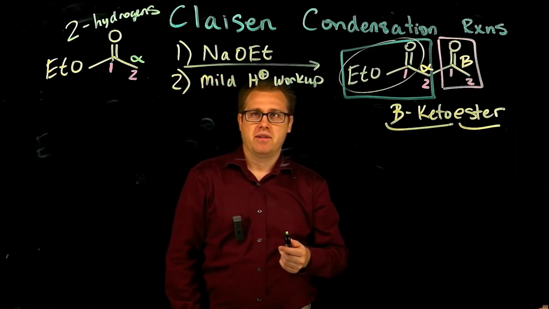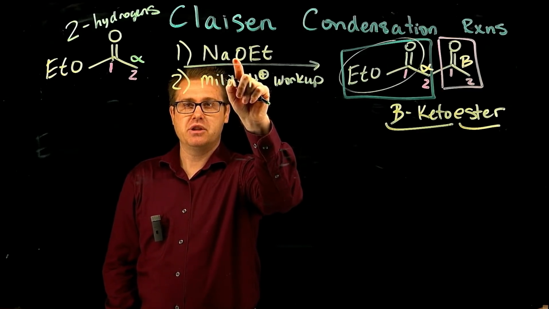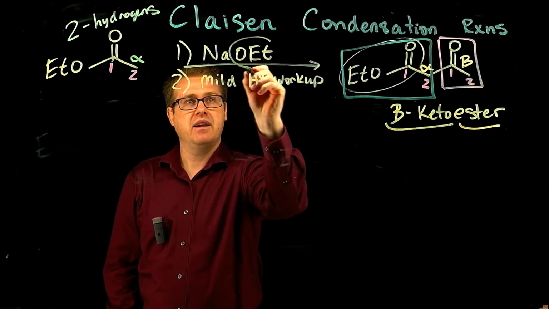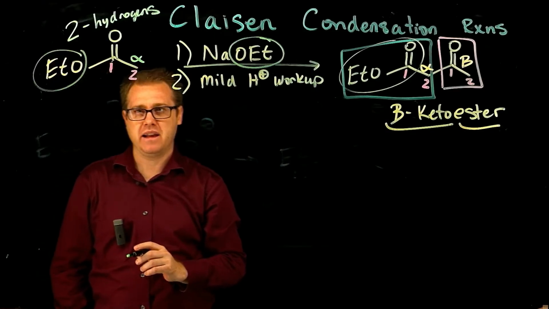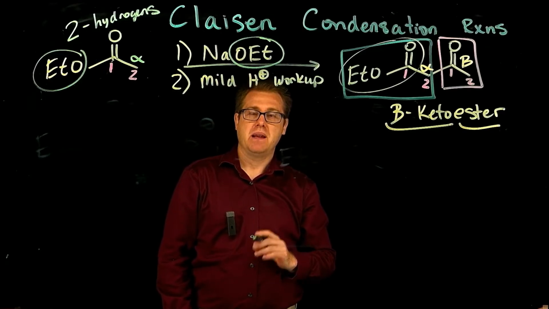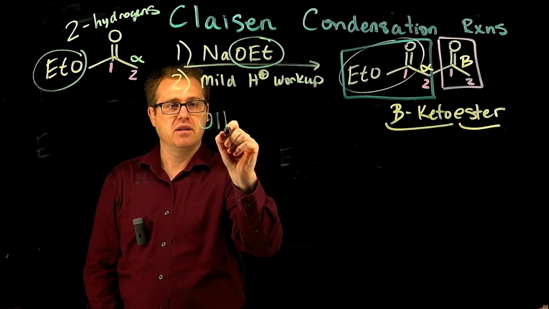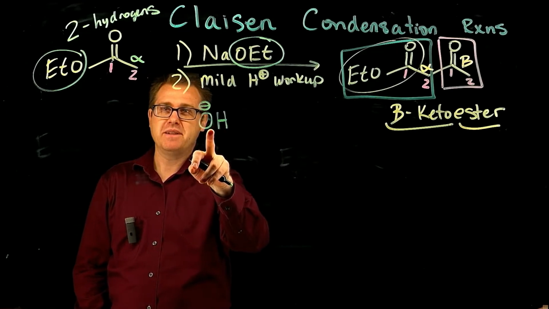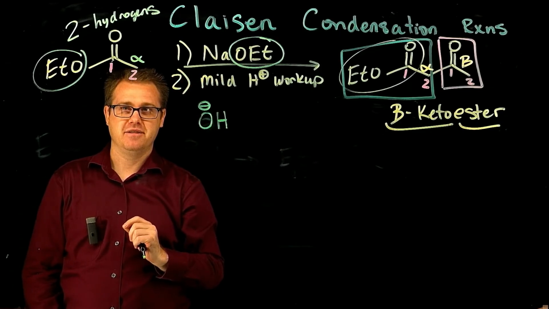The next very important thing to notice is that the base that you choose to use to form the enolate, that base right here has to match that part of the ester. It has to match perfectly. Because if you chose to form the enolate using hydroxide, what happens when you take hydroxide and treat it with an ester?